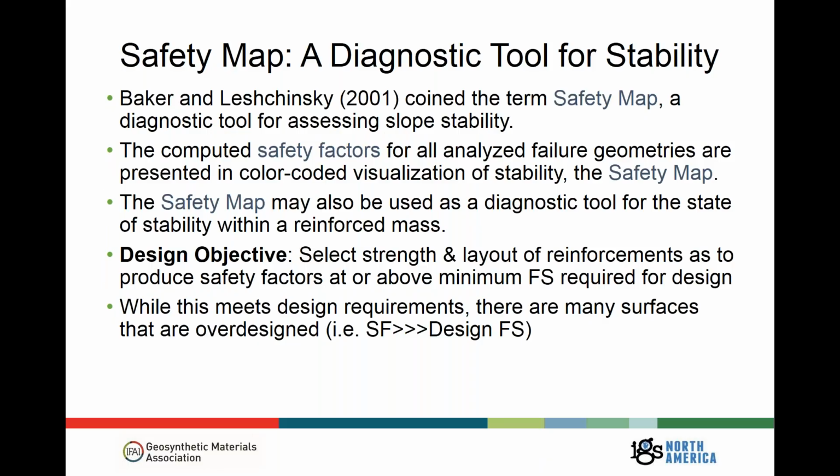So the safety map is basically a diagnostic tool for slope stability. It was first determined in 2001, and now is readily available in a whole suite of commercial software.